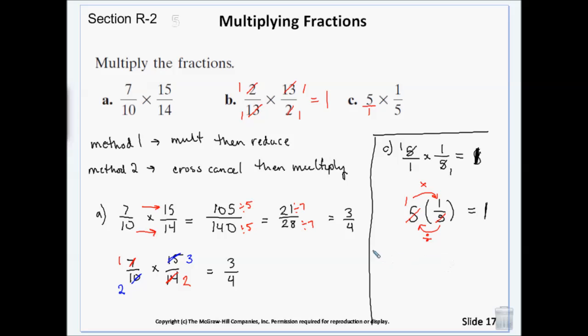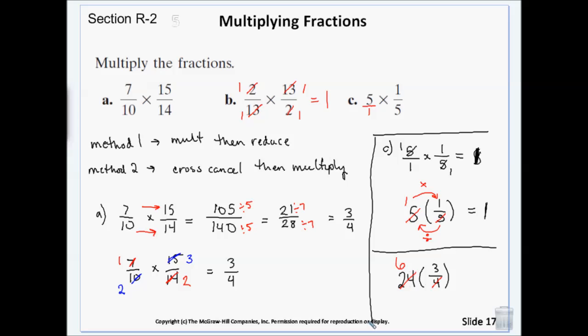Here's another example of this method. If I said 10 times, not 10, 10's a bad example. 24 times 3/4. 4 goes into 24 6 times.